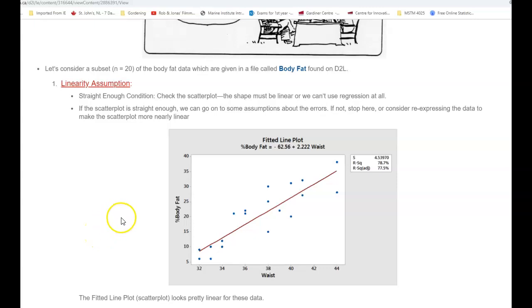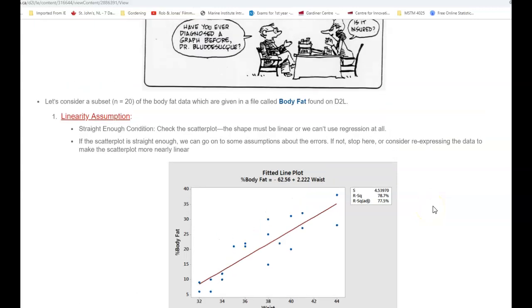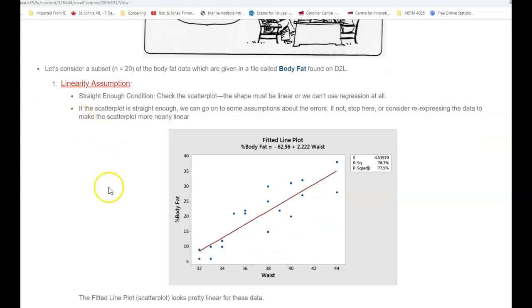Hi, in this video we continue with the regression analysis, and in chapter 23 we basically discuss all the concepts based on this example. We have a data file about body fats, and first we derive the linear equation, and then we check all the linearity assumptions.